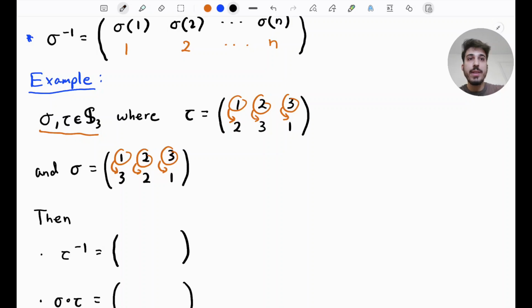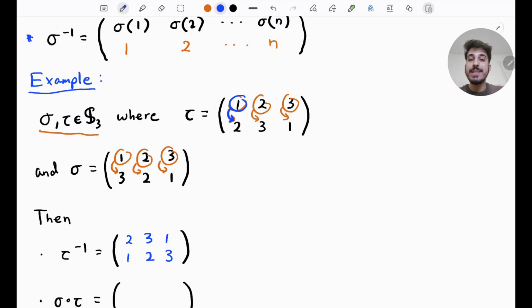Because tau sends 1 to 2, tau inverse will send 2 to 1. So it sends it back to the original number. Because tau sends 2 to 3, tau inverse sends 3 to 2. And because tau sends 3 to 1, tau inverse sends 1 to 3.